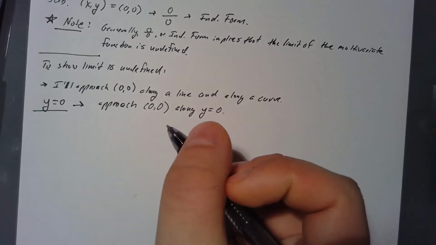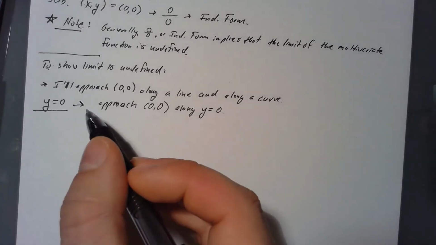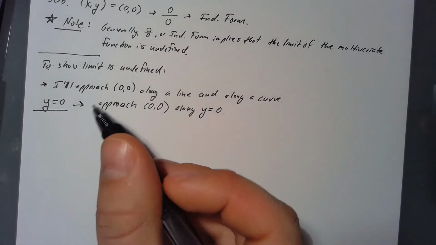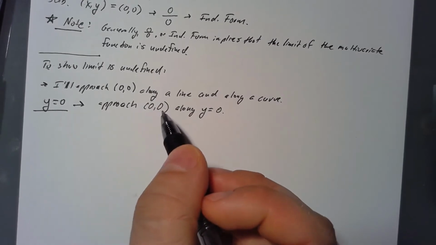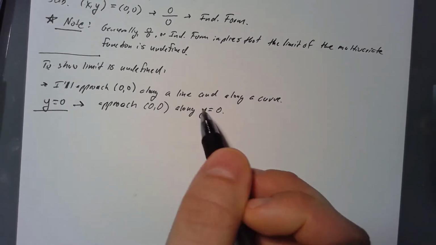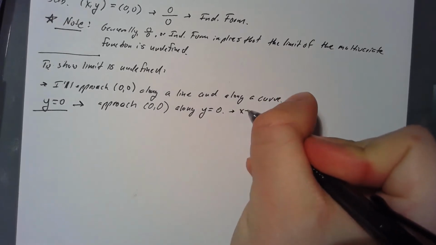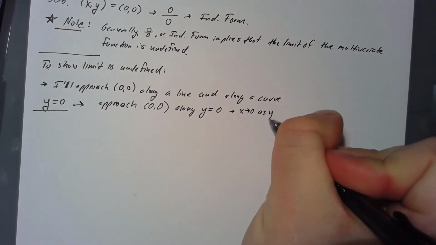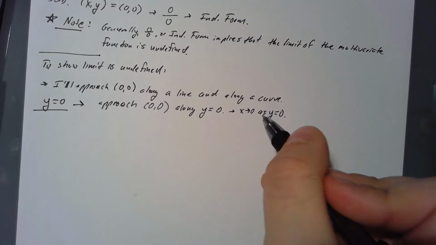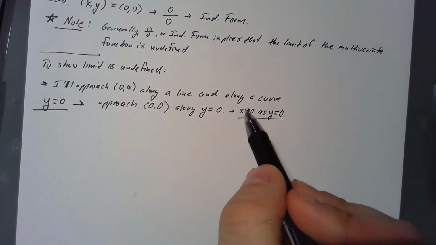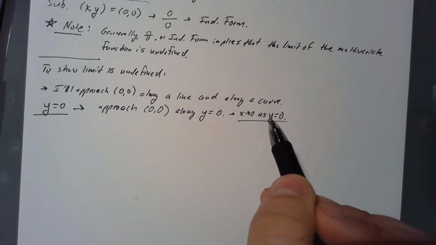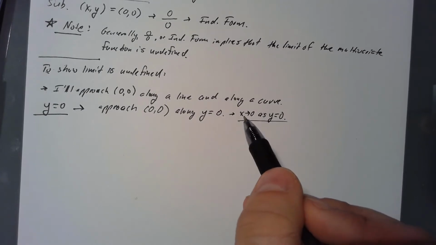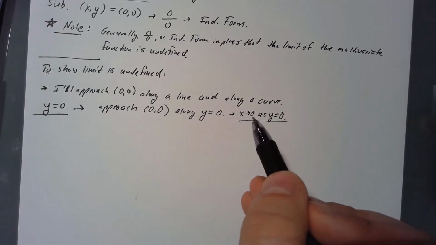So if I plug this into my limit, I'm letting y equal 0, and I'm approaching this. I'm approaching 0, so that means x is approaching 0 as y is equal to 0. I'm going to take these values, and basically these are treated the same way. Y is 0, and x is getting to 0, so we're going to treat x as 0 anyway.